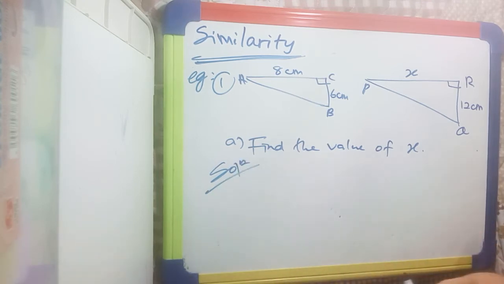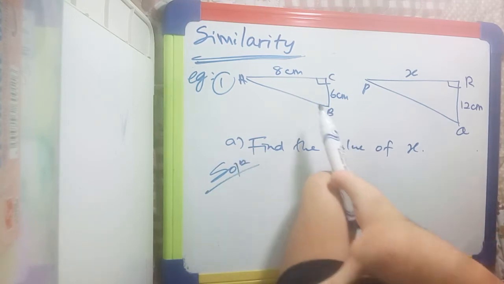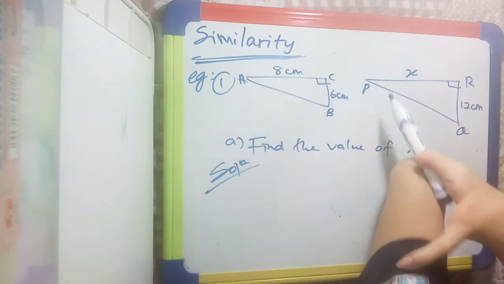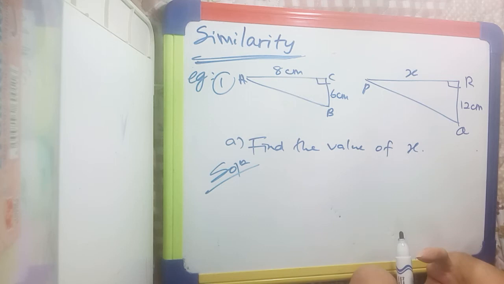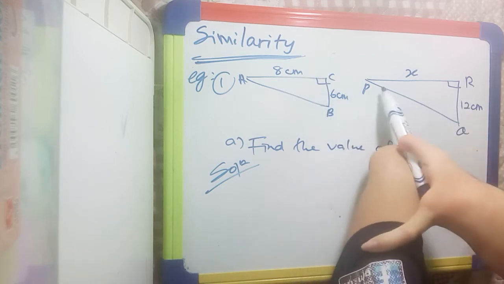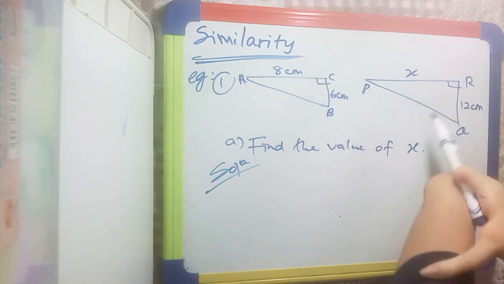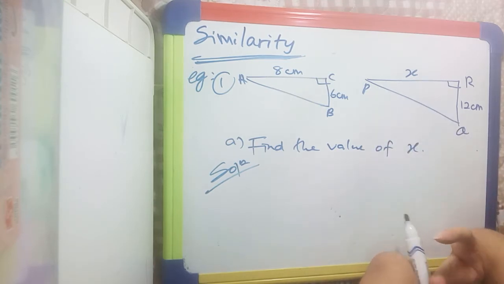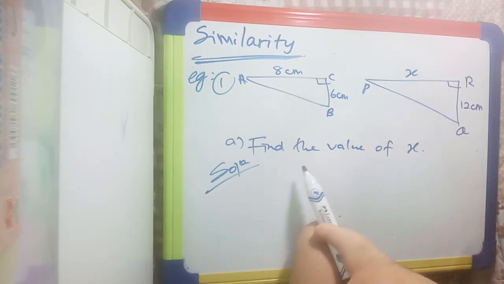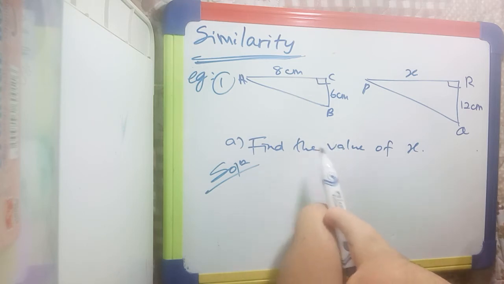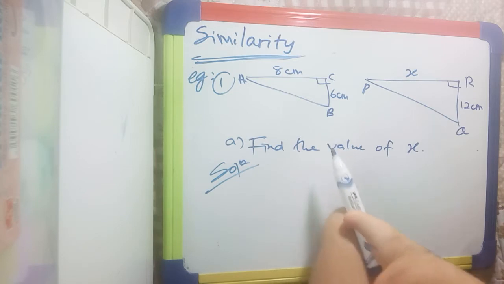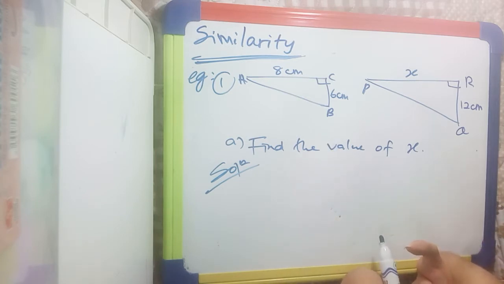First of all, we must remember, since triangle ABC and triangle PQR are similar, there is no need for you to apply trigonometry or the Pythagoras theorem. What you need to do is remember the rule that I showed you previously. It says that corresponding sides must be in proportion.